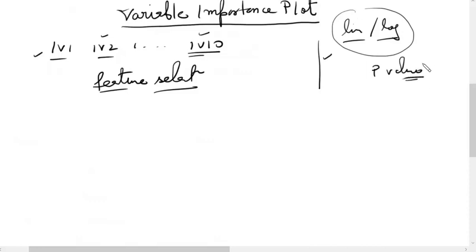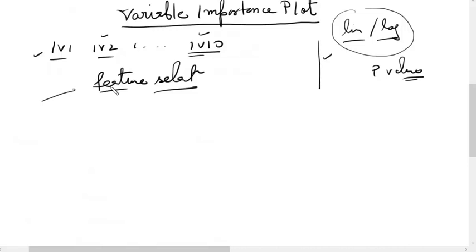So using the p-values, we try to omit the variables which have greater than 5% p-value, and iteratively we recreate models and then we figure out which variables are important and which are not. Now that is a very tedious process in linear and logistic. In decision trees and in case of random forest especially, it provides us a function which helps us directly calculate the relative importance of the features that are used.